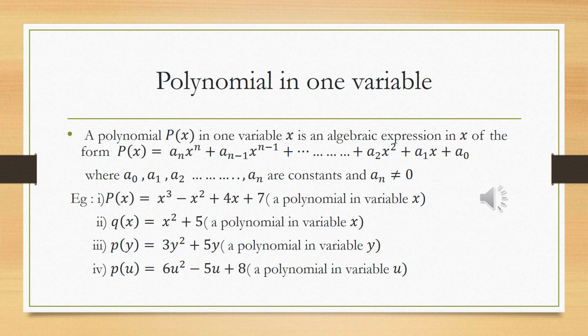Third one, p of y. So it should be a polynomial in the variable y. So it is written as 3y square plus 5y. The last example, p of u. So we are going to write a polynomial with the variable u, that is 6u square minus 5u plus 8.